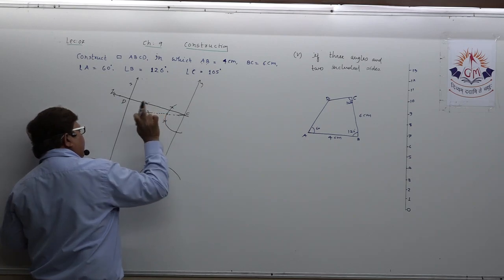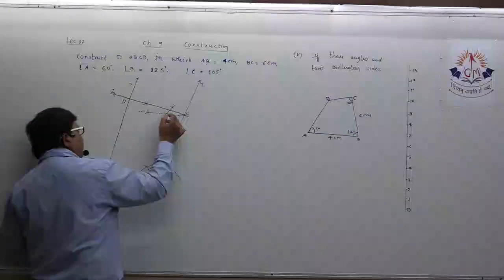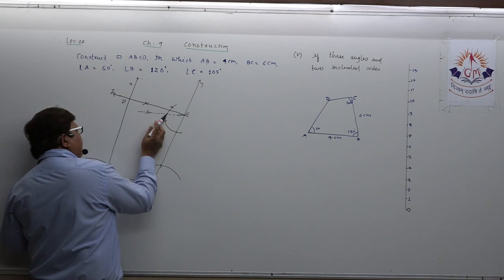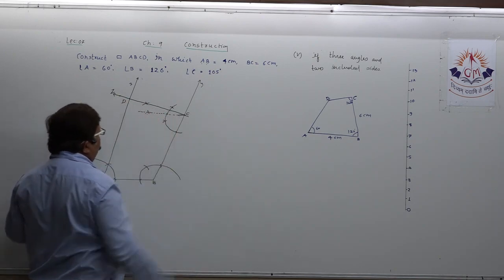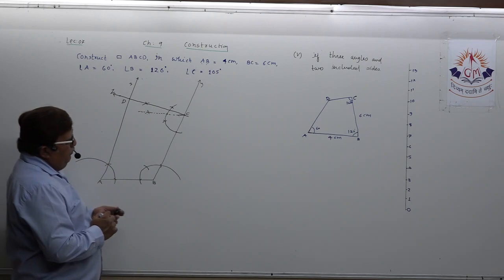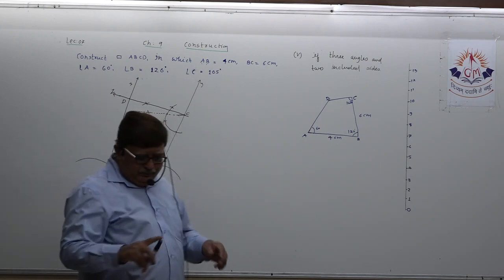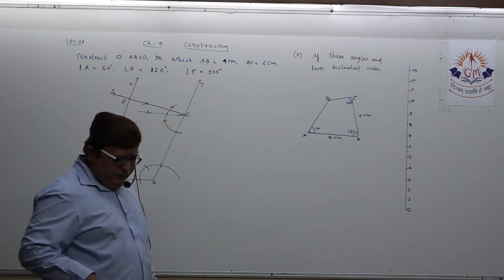Your target angle is 105. So you will bisect between 90 and 120. Please understand, dear student, 90 and 120, one arc from 90, one arc from 120, and a ray. Okay, so this is the way we have constructed.